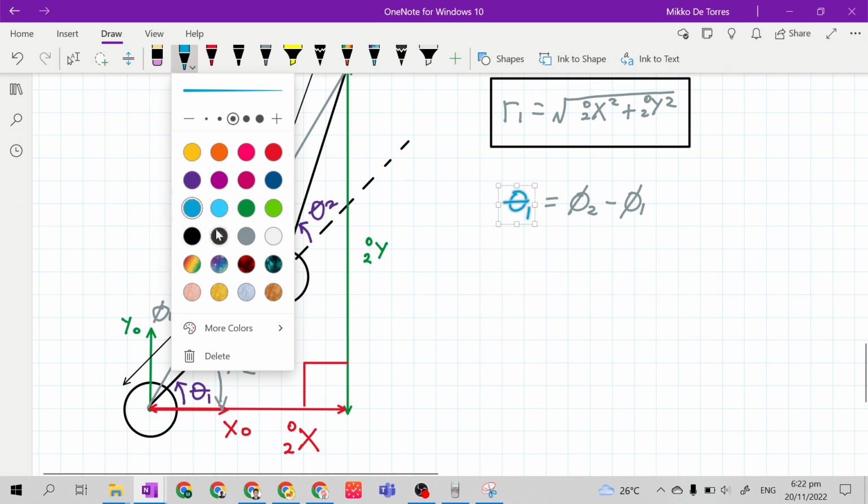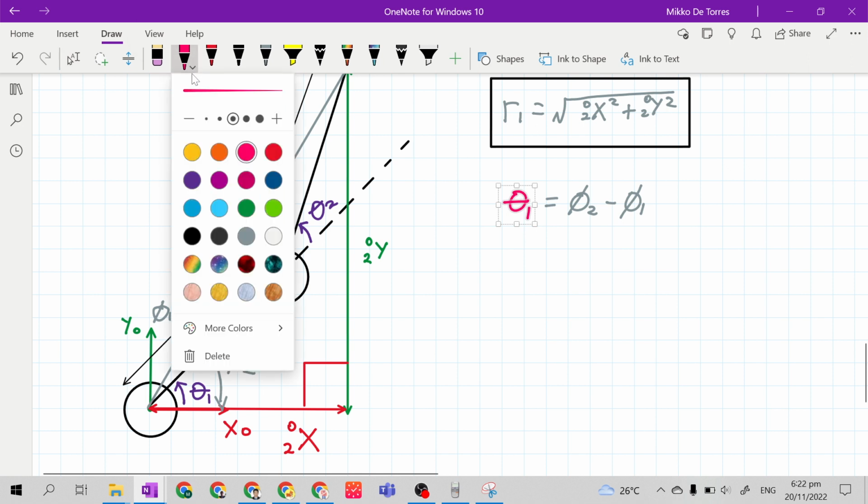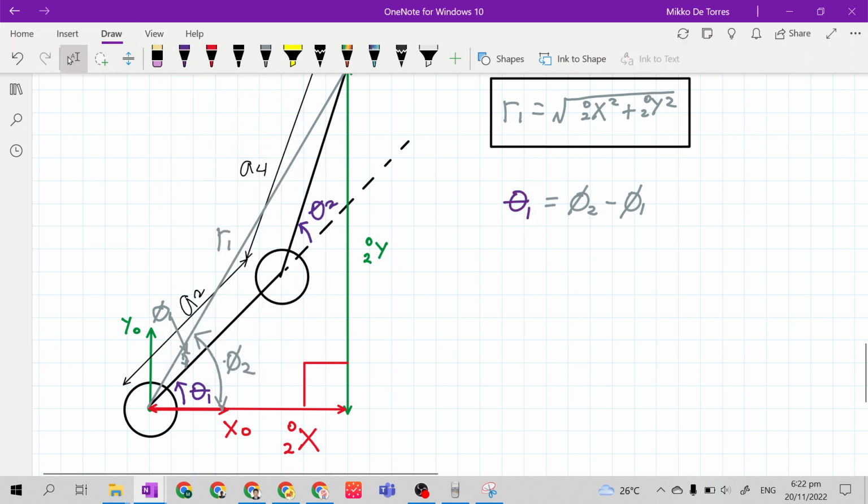I'll change the color to purple, to remind that we are solving for theta 1 and theta 2. So again, theta 1 came from the difference of phi 2 and phi 1.